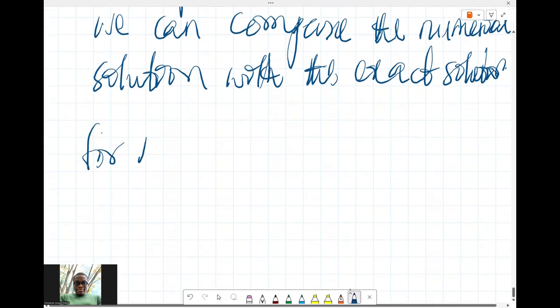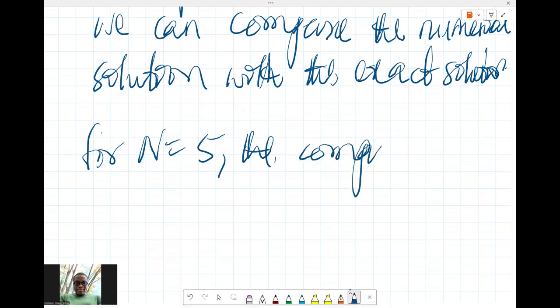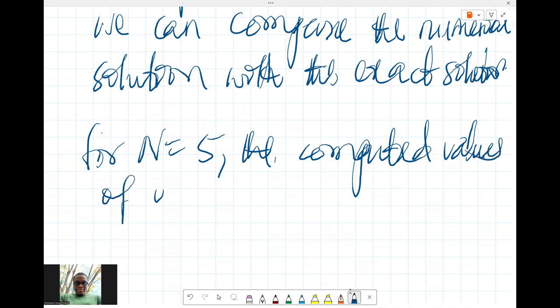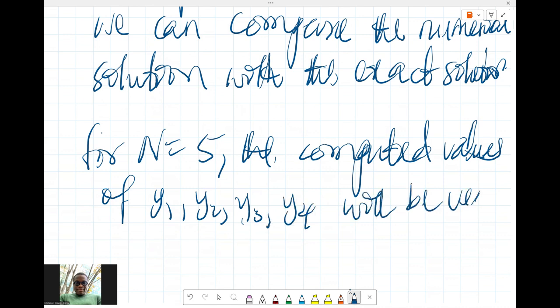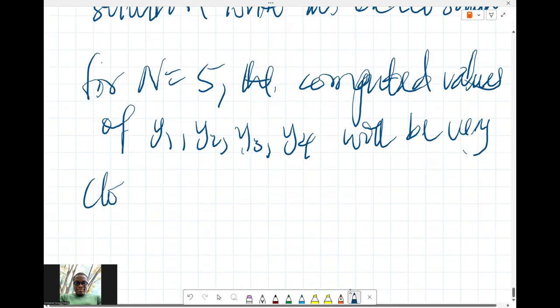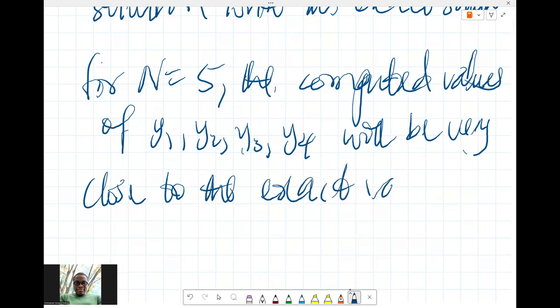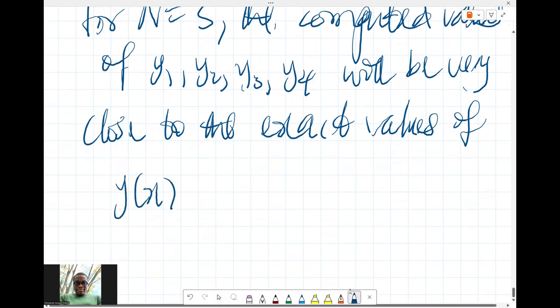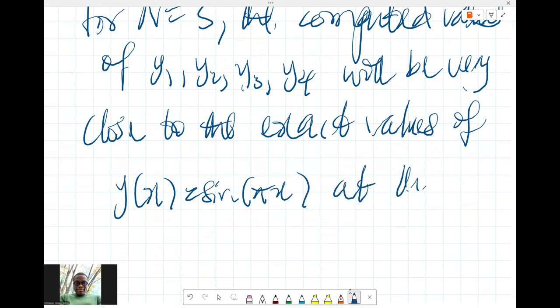All right, so for n equals 5, which we have, the computed values of y1, y2, y3, and y4 will be very close to the exact values of y of x, which is equal to sine pi x at the corresponding points.